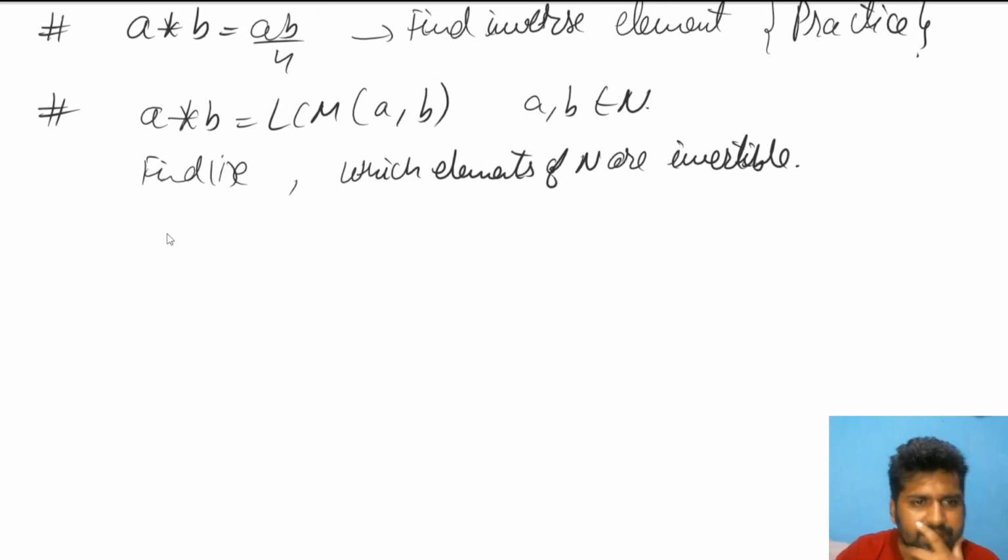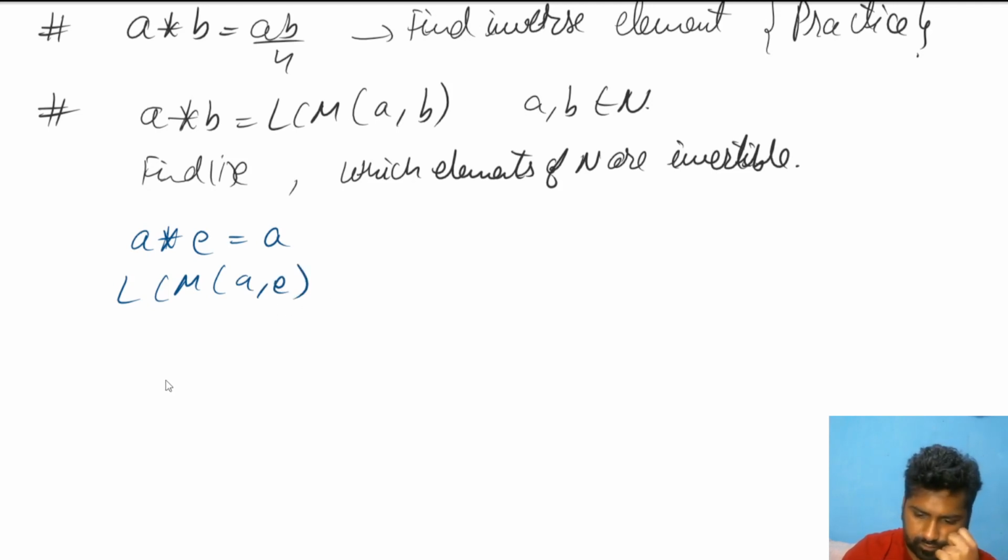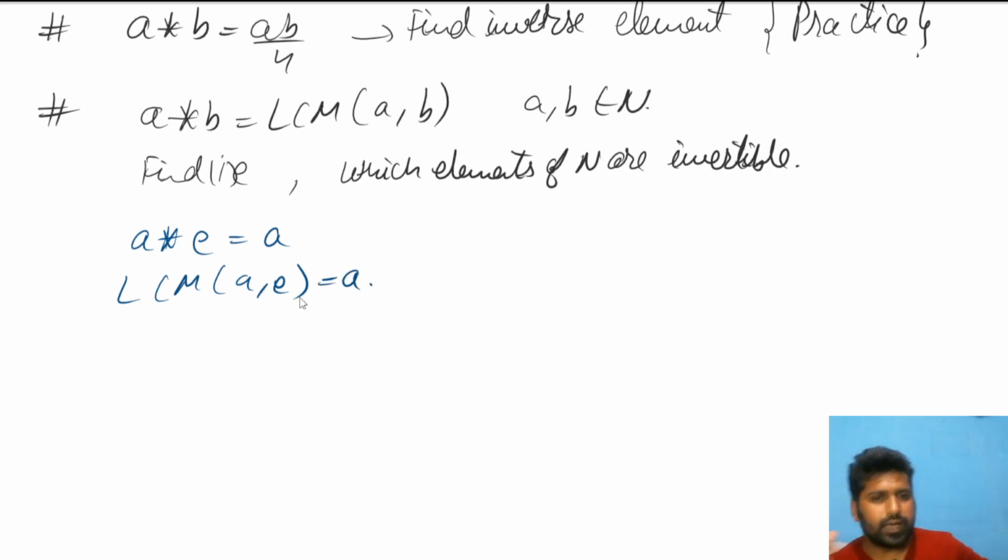Okay, let's find e first. So a star e is equal to a, so the LCM of a and e should be a. Now try to think of a number. For this you can take an example.